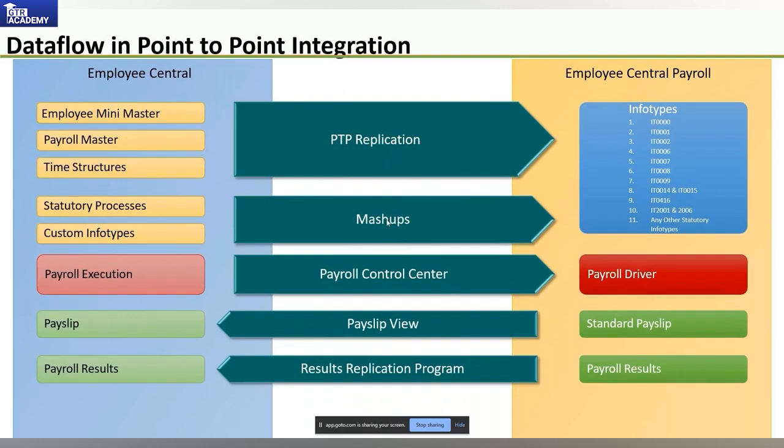Mashup has nothing to do with that. With a mashup, you just maintain the infotype directly. The only reason they call it a mashup is that instead of logging into the payroll system and maintaining it, you're maintaining it from Employee Central itself directly. That's the only difference.